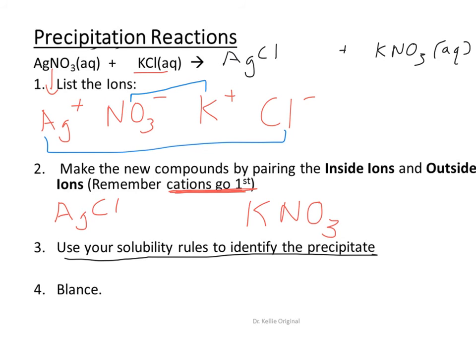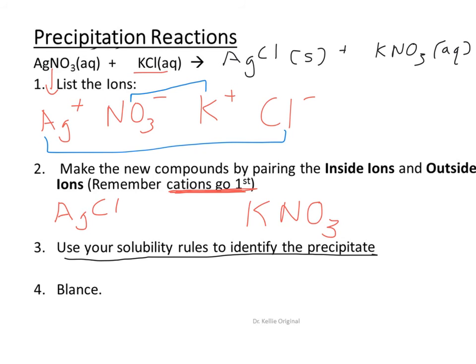I have a rule that tells me anything that contains chloride is also soluble except silver, which is one of the exceptions to that solubility rule. Anytime you have silver reacting with chloride, it's going to be a solid. It's not going to dissolve in water.